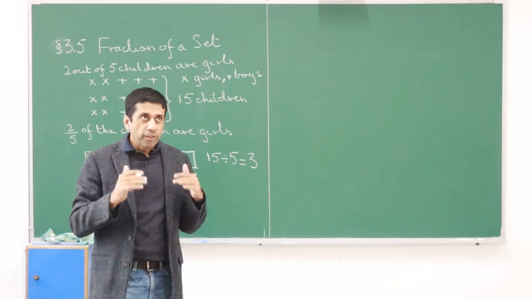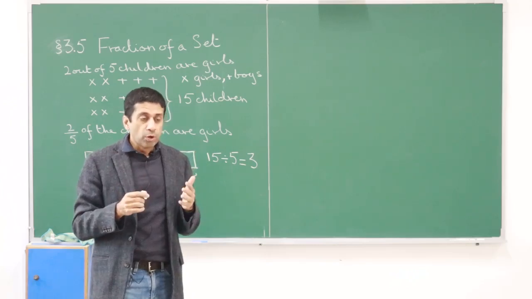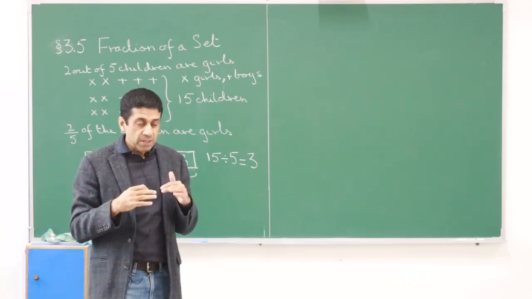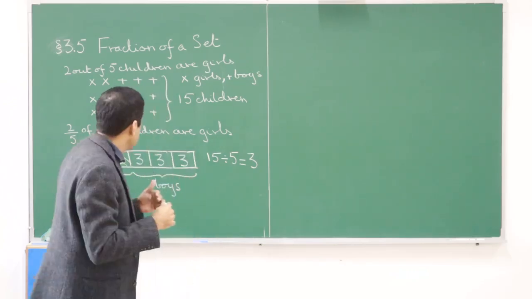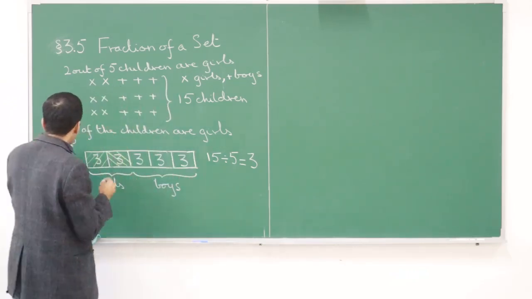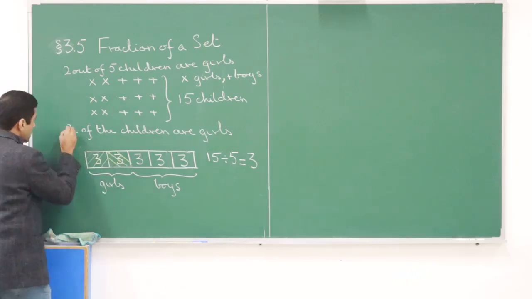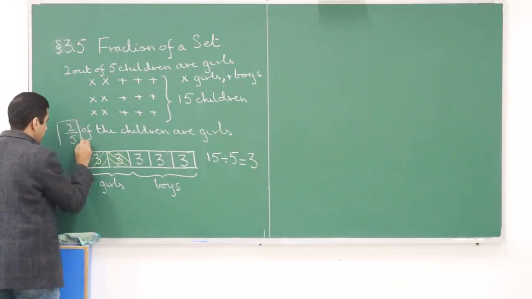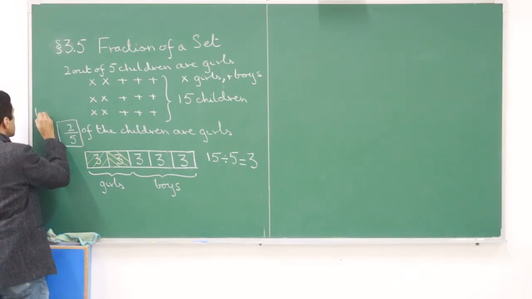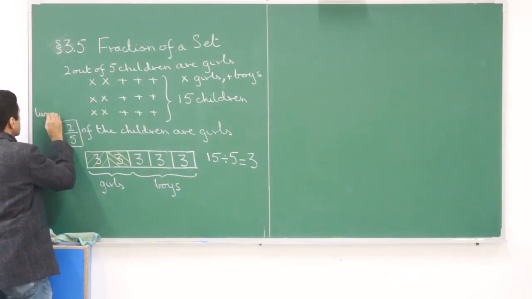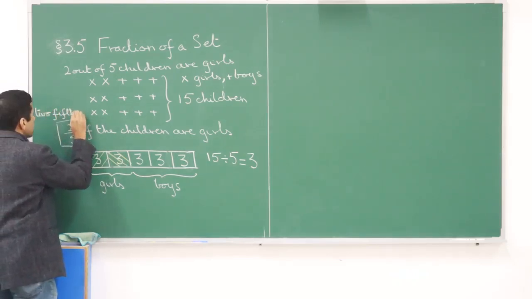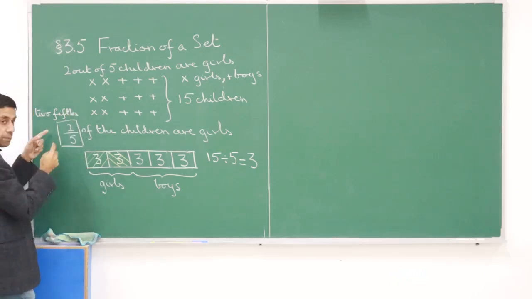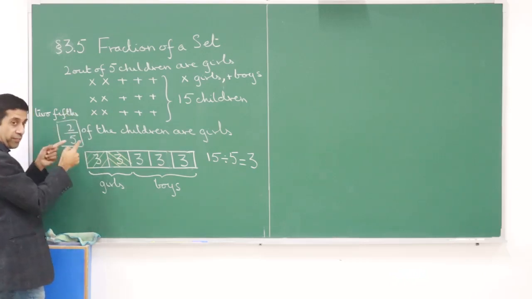Since we want 2/5, we have to find out what 1/5 is. Right? We have to first find out what 1/5 is, because this is 2/5, just like 2 apples. So I have to find out what a 1/5 is, and then I have to take 2 of them.